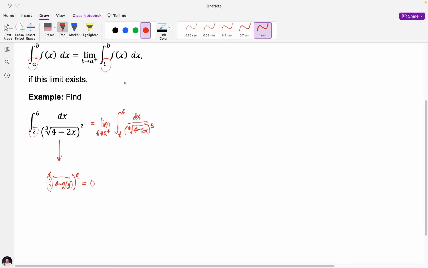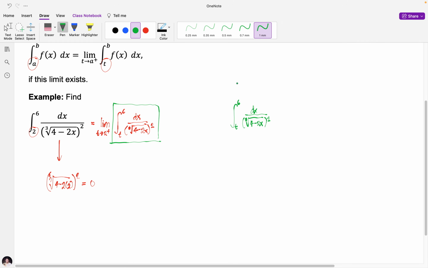The first thing that we will do is to solve this definite integral first. So we copy the integral of dx over the quantity cube root of 4 minus 2x, raised to 2, from t to 6. In this case, we will first apply u substitution so that it is easier to solve.